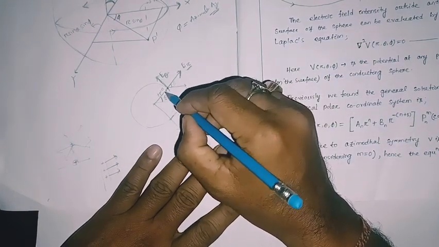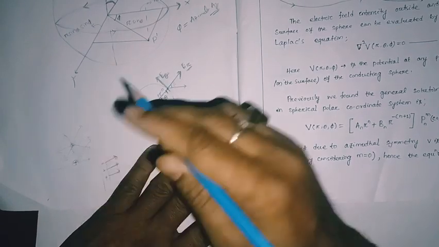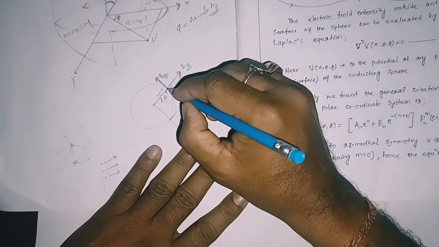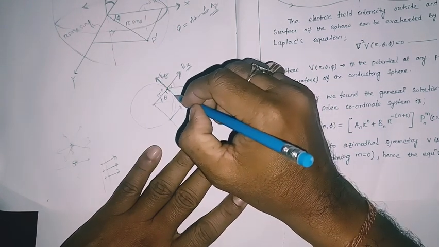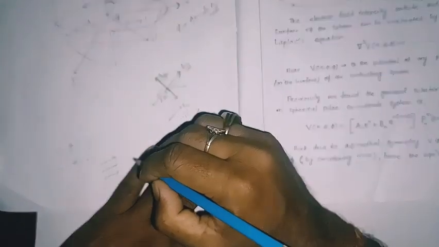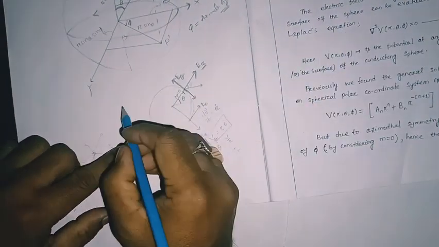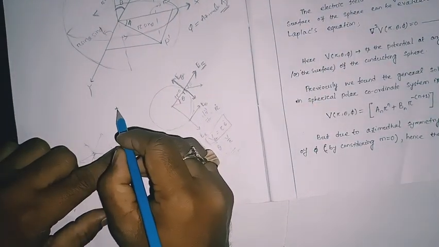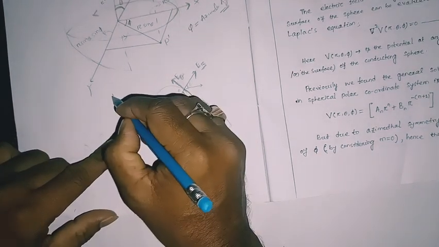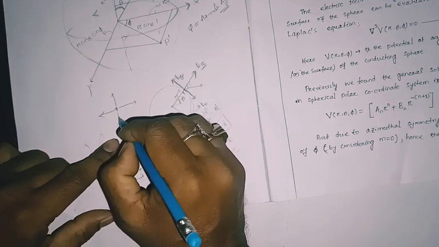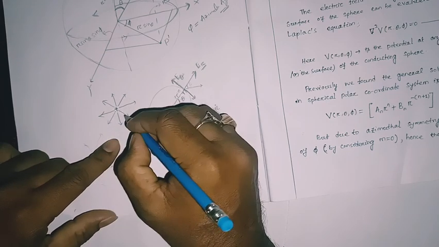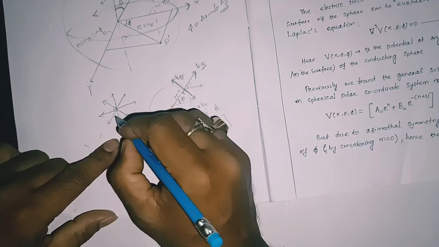Also there will be a transverse or vertical component along this side. Suppose we consider one individual isolated positive charge, then the lines of force are outward from the positive charge like this.